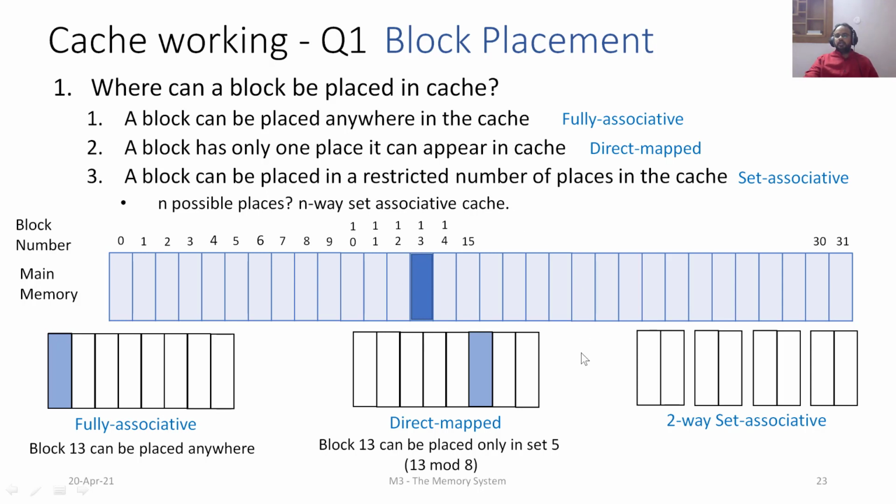We divide the block address, 13, by the number of sets, which is 4, and the remainder is 1. So it can be placed in either of these locations in set 1, either as the first block or second block in set 1, whichever is free. Or if it is not free, just like the direct map cache, we need to replace it with the new block. So this is the block placement of the cache.